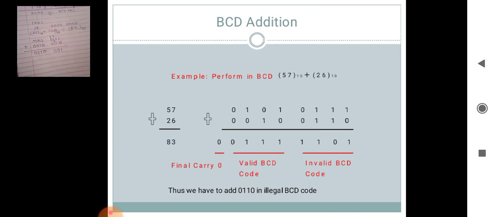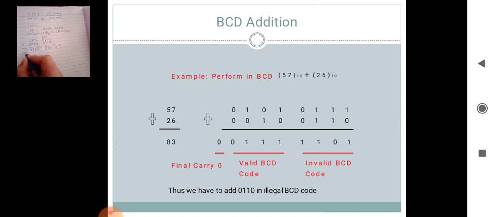Now you can see here sum is greater than 9, right? Sum is greater than 9, so you have to add 0110 here, because it is illegal BCD.